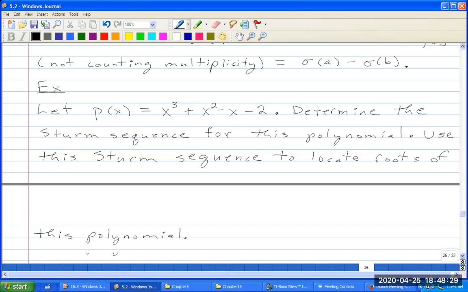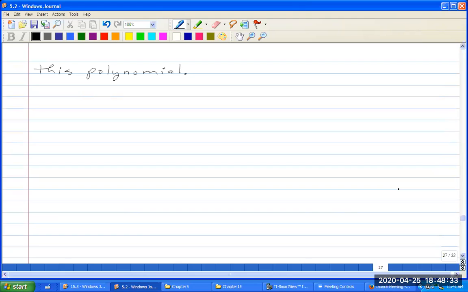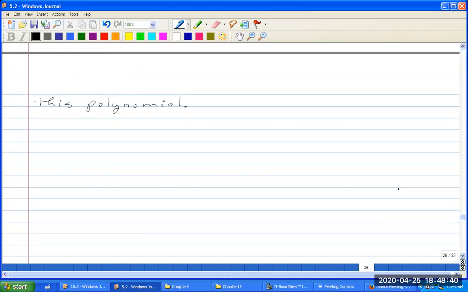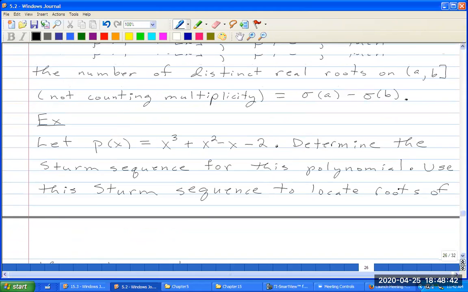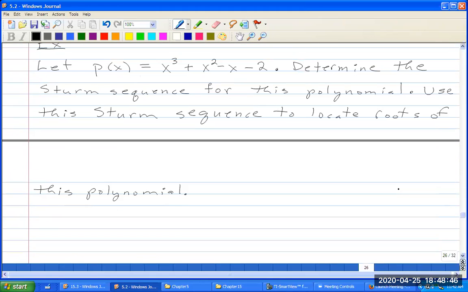To locate roots of this polynomial, let's do this.